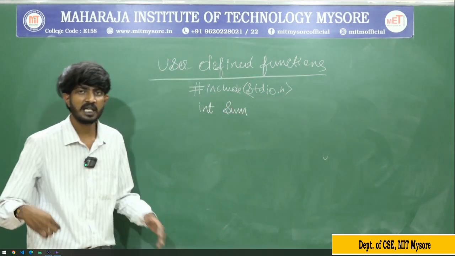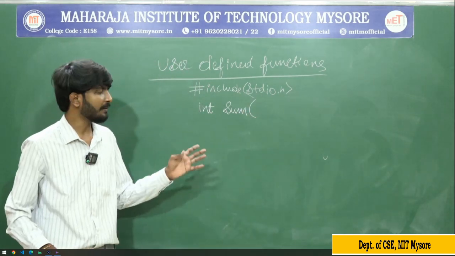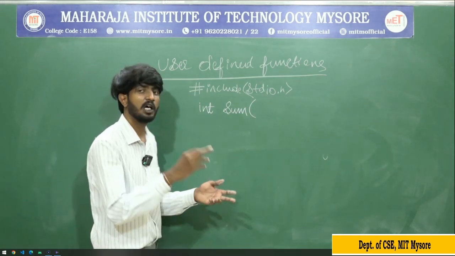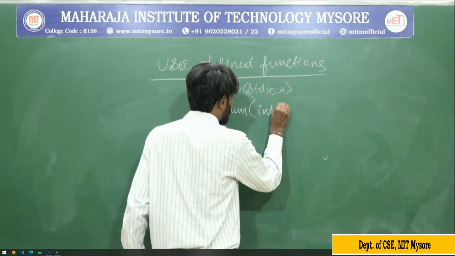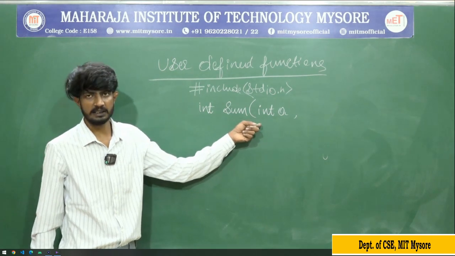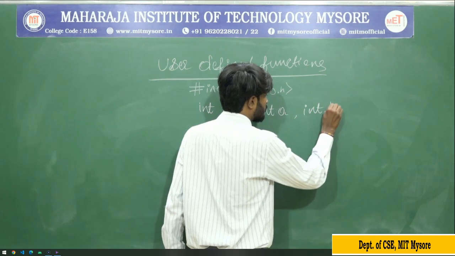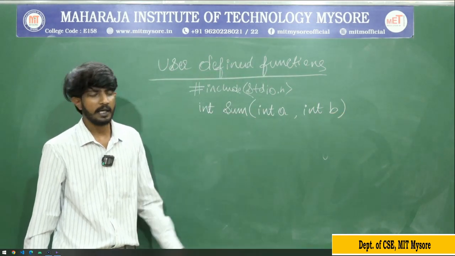My function name is sum, and the parameters or the arguments which I am going to pass to that function are two variables. One is a, which is of type integer, and the other variable is b, which is also of type integer.